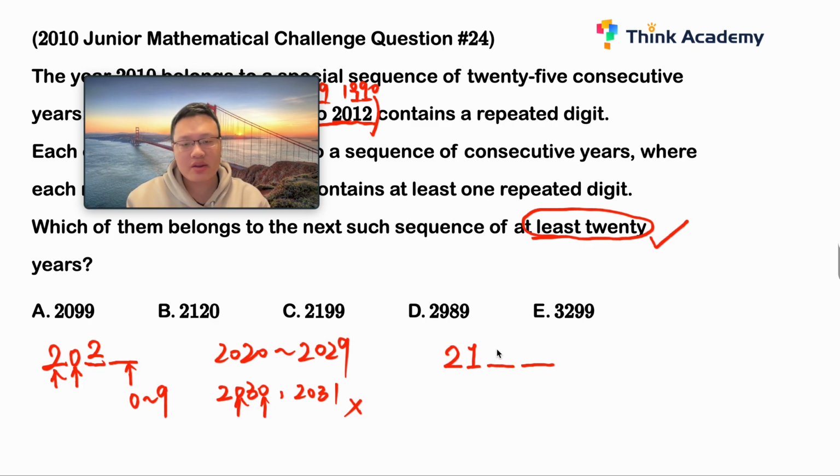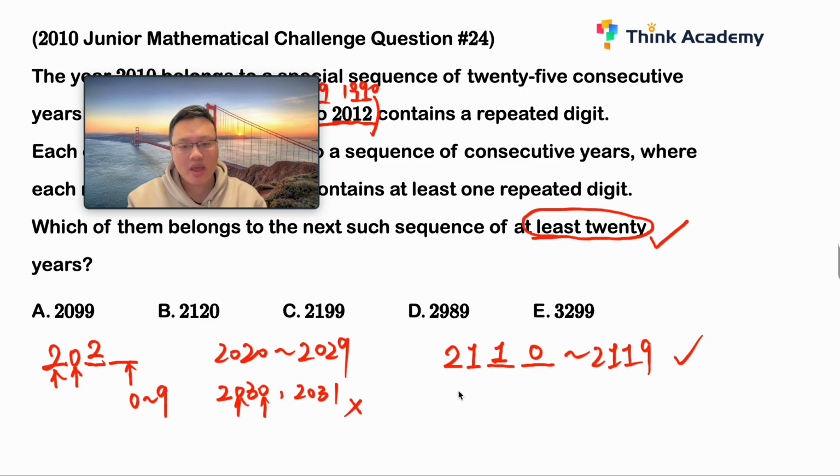So we got a number 1 here because 1 is smaller, earlier than 2. So we're going to start from 2110 to 2119. Out of those 10 numbers, they're all good. We all got two repeated digits.